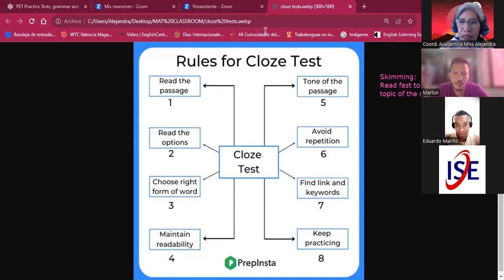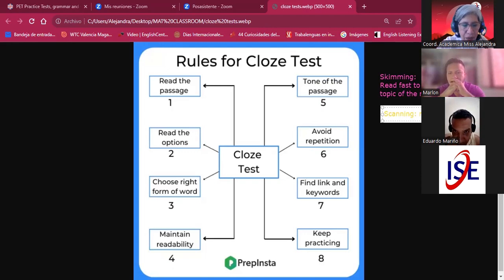And then we have the second method of reading, that is scanning. As its name means, it is read carefully in order to find a particular information.